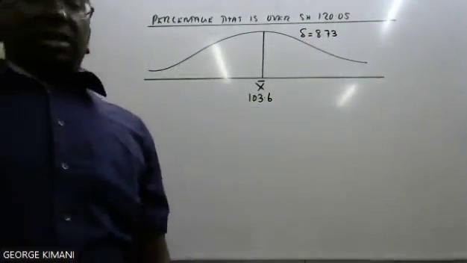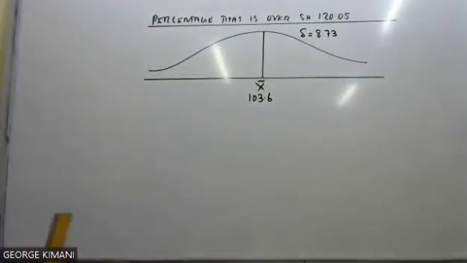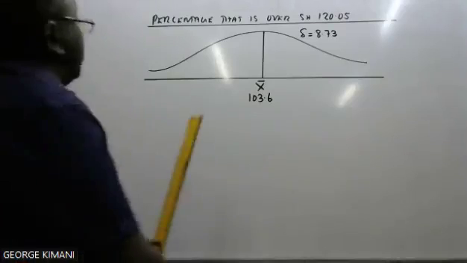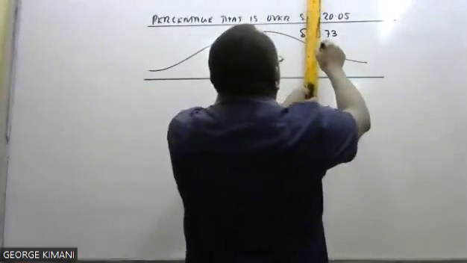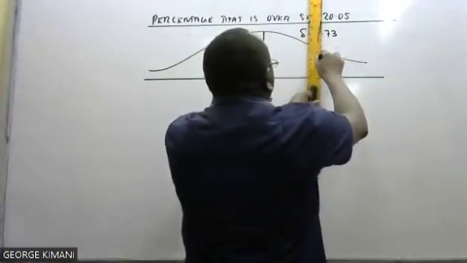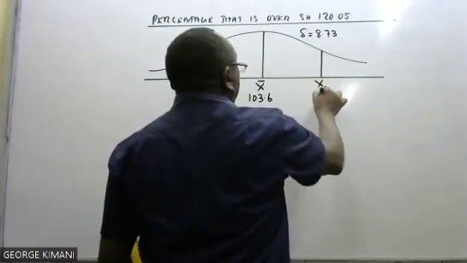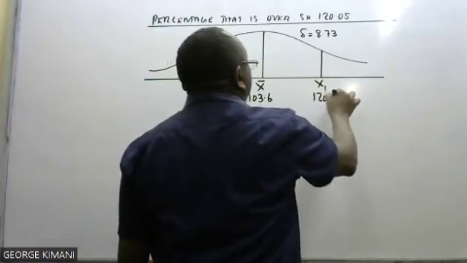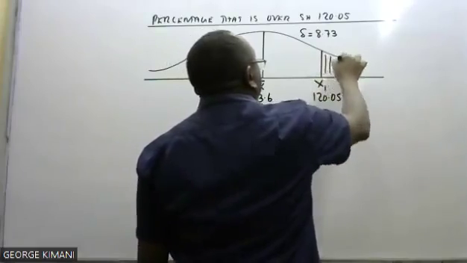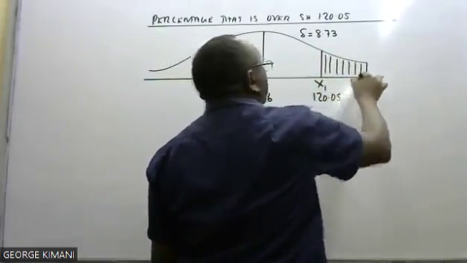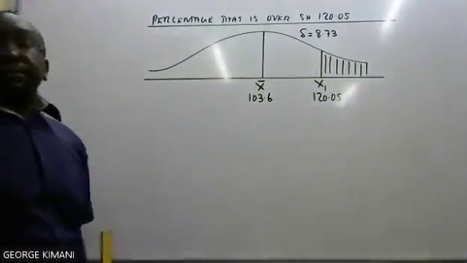Standard deviation is 8.73. Sasa, when you are told over 120, kumaanisha your x1 for somewhere here, x1 is 120.05. So tunataka hawa wako juu.